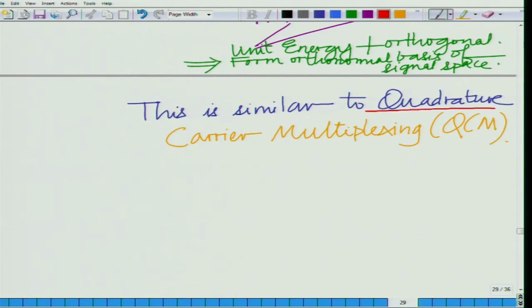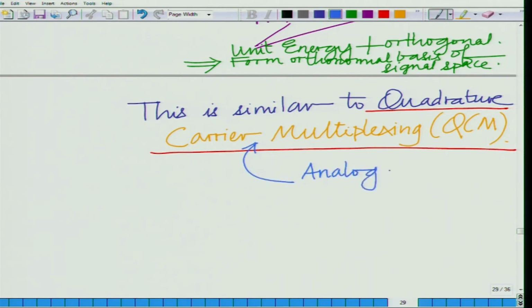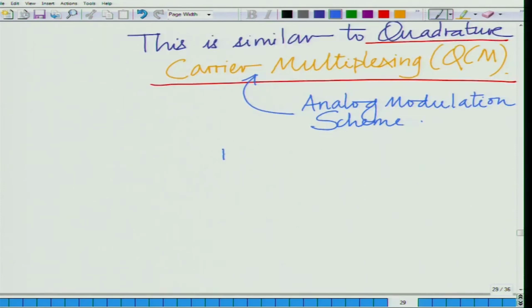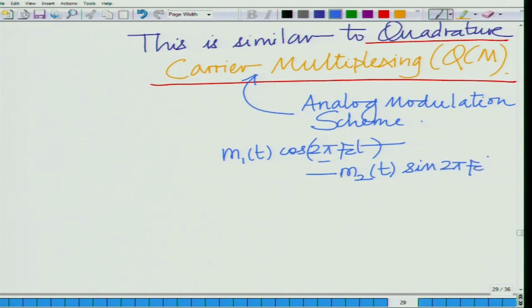Quadrature carrier multiplexing is an analog modulation scheme. In quadrature carrier multiplexing, what we do is we modulate a message signal m1(t) onto cosine 2 pi f_c t and m2(t) onto sine 2 pi f_c t. So two different message signals can be modulated, one on cosine and one on sine, because these two carriers are orthogonal.